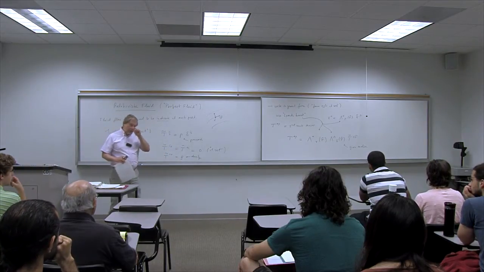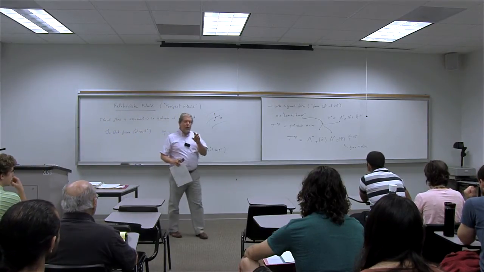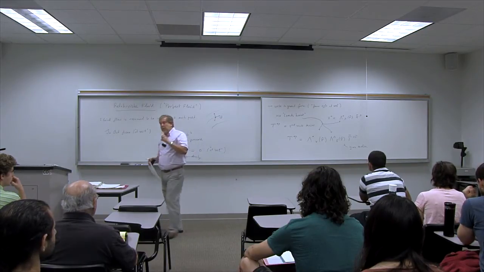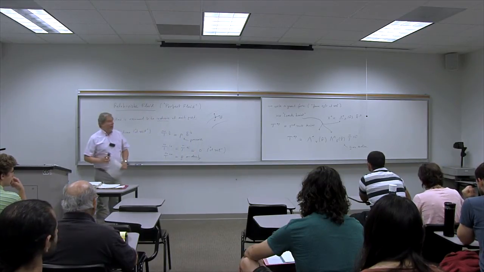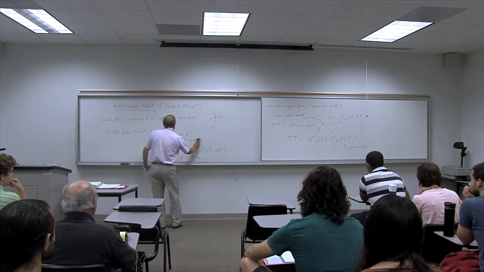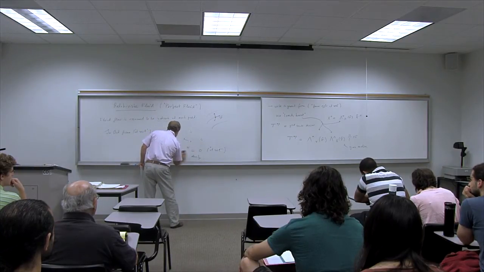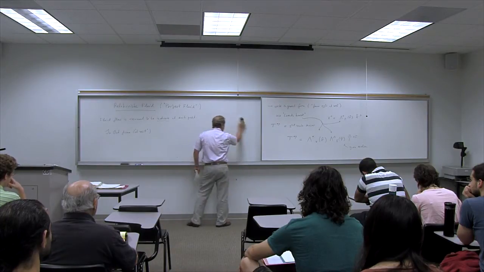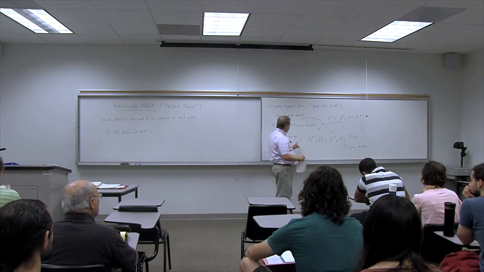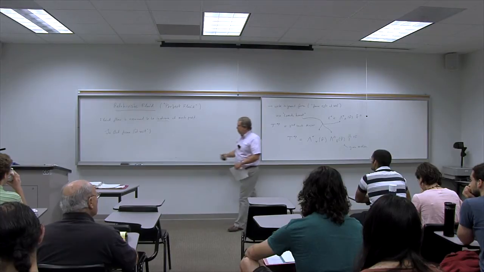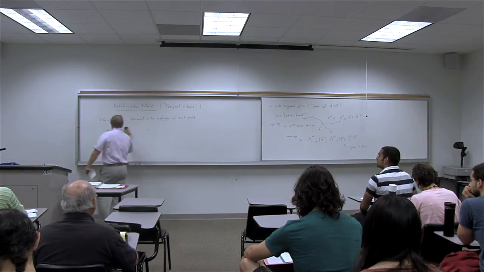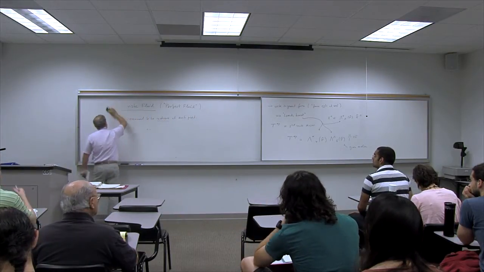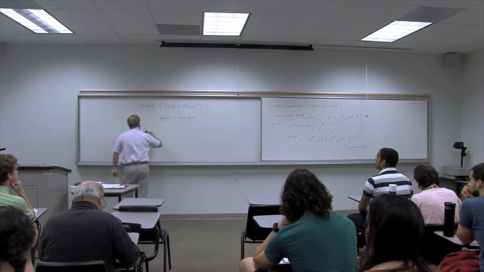Delta ij for the ij component, delta ij plus vi vj times gamma minus 1, yes. So we look that up, and we do the matrix multiplication. We have to do the multiplication twice because it has two indices, so we have to use that matrix twice. And after you've done that little algebra exercise, you find what this T^αβ looks like.